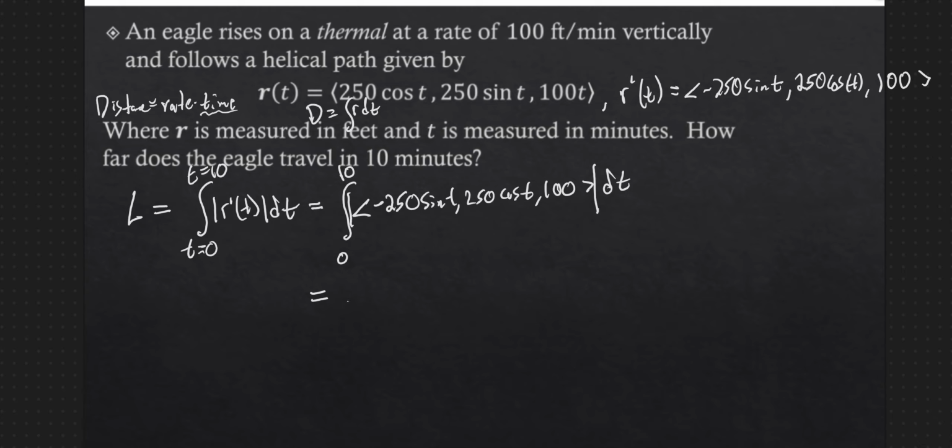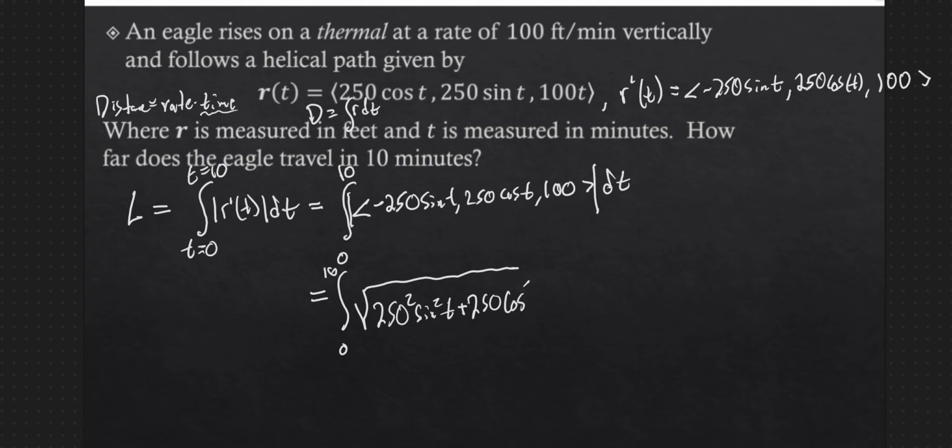Here we have the integral still from 0 to 10, and the speed of this is the square root of 250 squared sine squared t, plus 250 squared cosine squared t. Oh, again, I was treating this like a vector. This is something that happens sometimes.